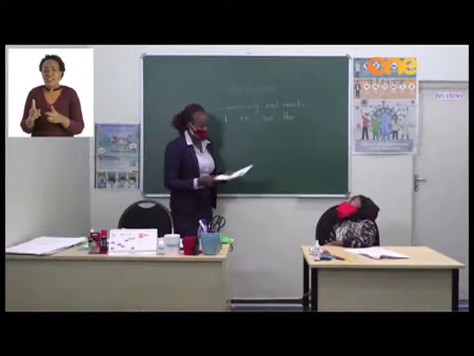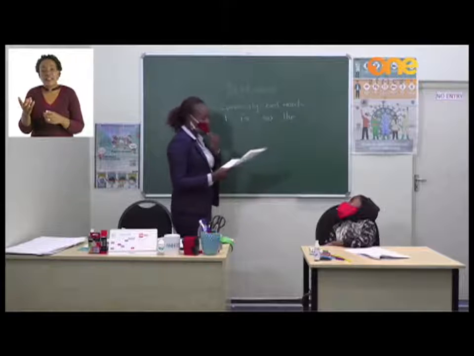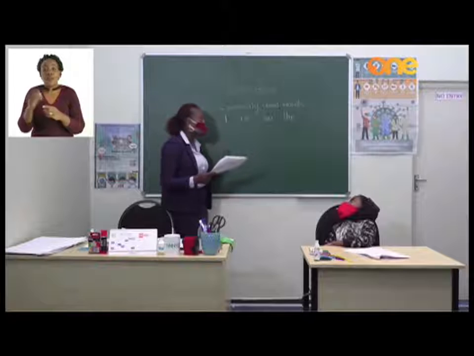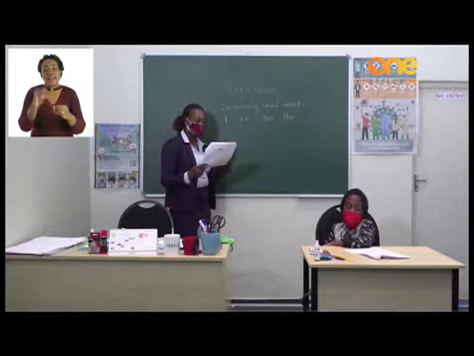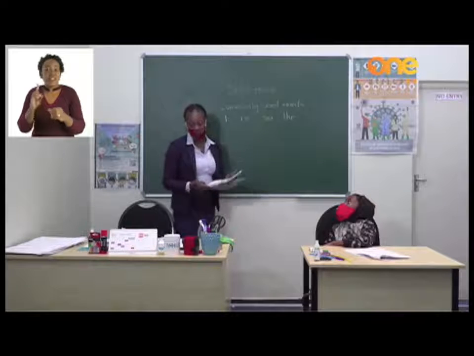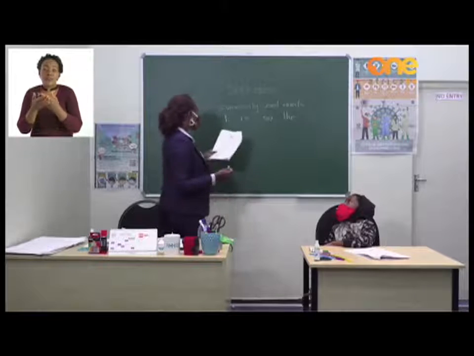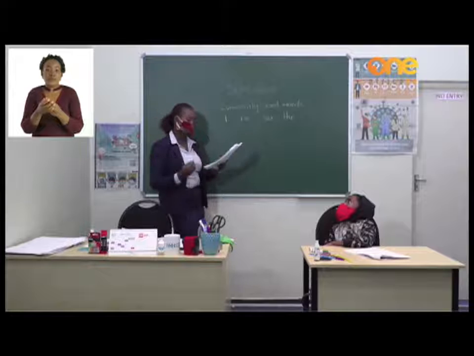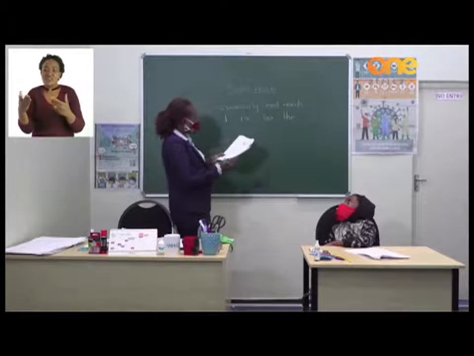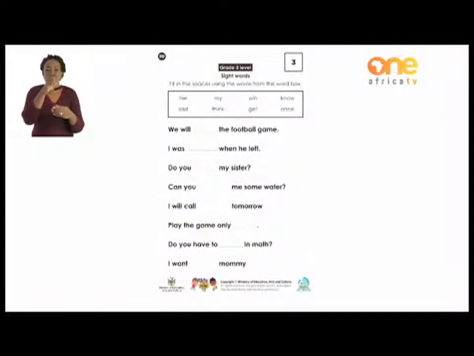We are given some sight words in the box, and you are going to fill in to complete the given sentences. Let me do the first 2 with you as well. We will dash the football game. What will happen? We will win.